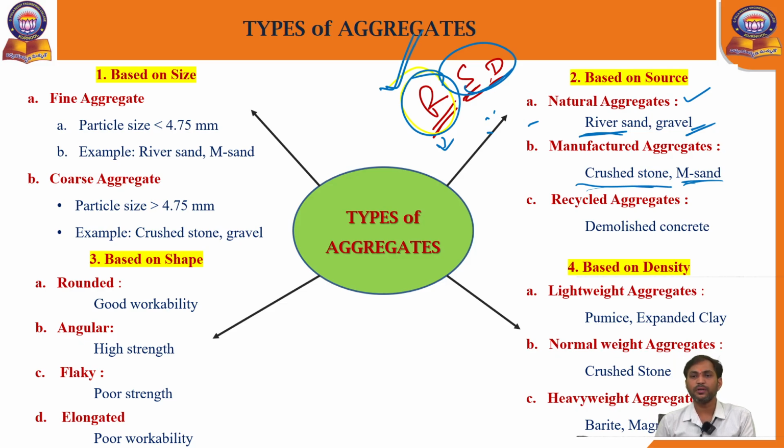For example, sir, near our town there are no rivers, but there is sea and ocean. Can we use that sand? No. Why? Because in the sea, the fine aggregate contains salt contaminants. That salt contaminant is not good for construction purposes.